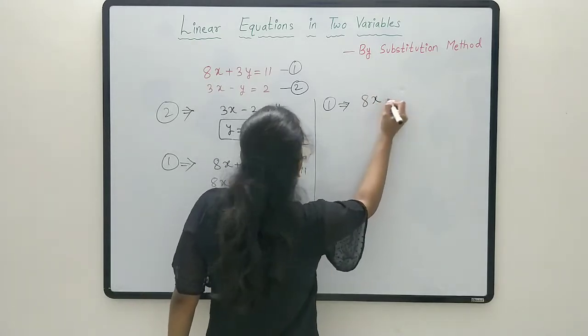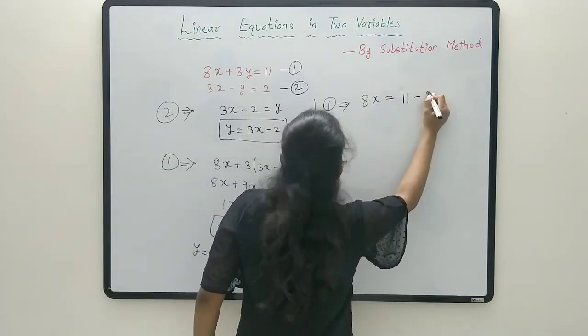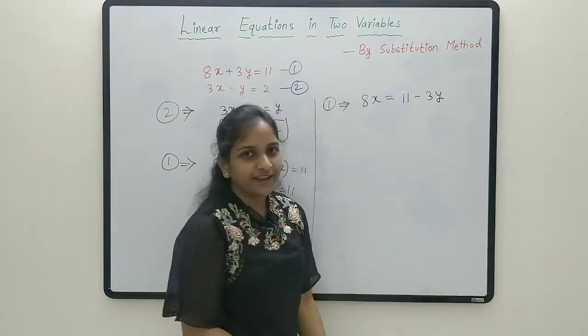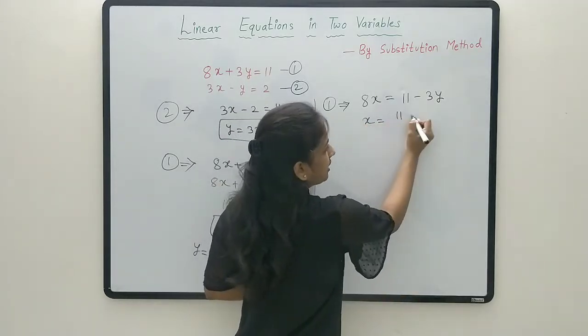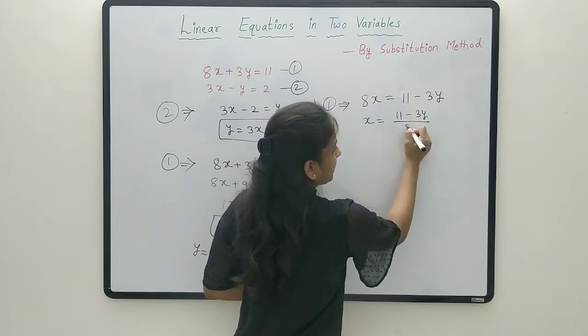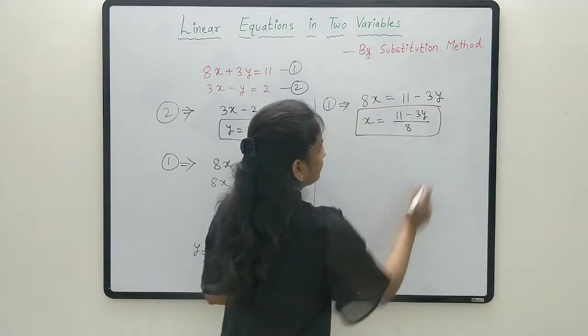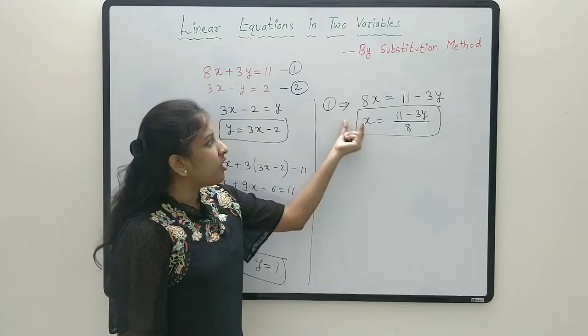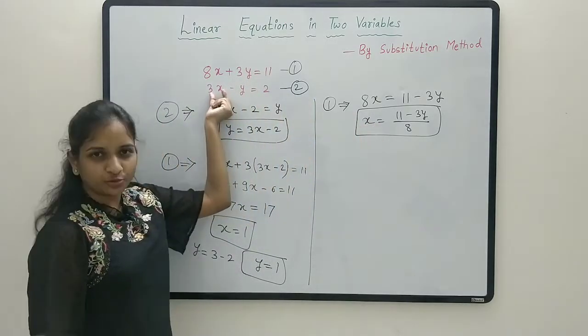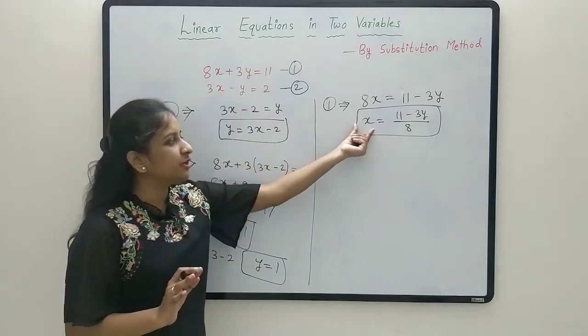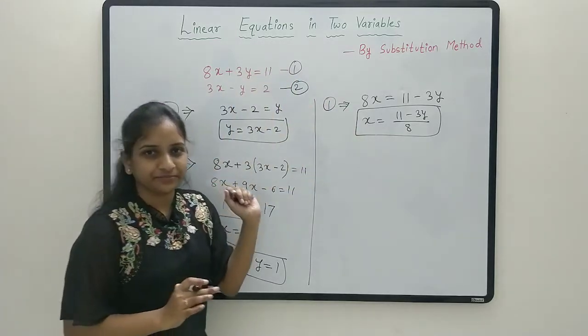So it is 8x is equal to 11 minus 3y. What is the value of x here? x is equal to 11 minus 3y divided by 8. This x value we got from equation 1. Now substitute this x in equation 2. Don't substitute this again in the first equation.